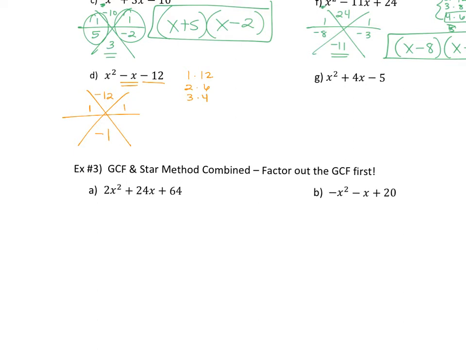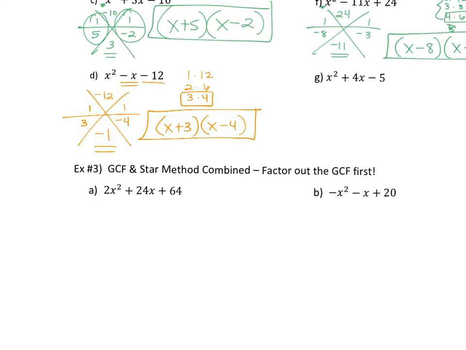So these are your options, but you got to think positive, negative, what would I get? So in order for me to get a negative 1, I'm going to have to use these two, with my 4 being negative and my 3 being positive. So this would be x plus 3, x minus 4, and that is my factored form.